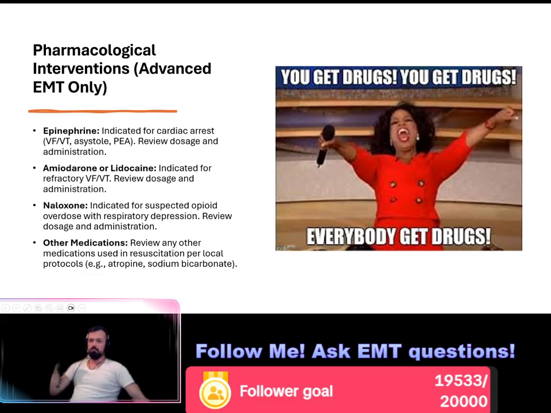And you can administer Narcan, which acts as a competitive inhibitor, which means it knocks the opioids off and takes their place on that cell receptor. It does not last long, though. Naloxone is a hell of a drug, but it has a very short half-life and it'll wear off within minutes.